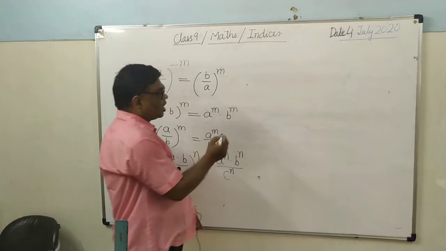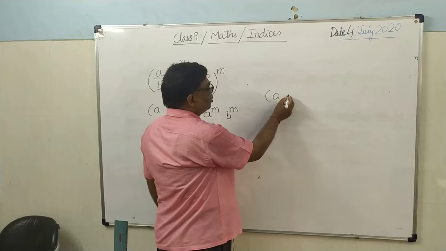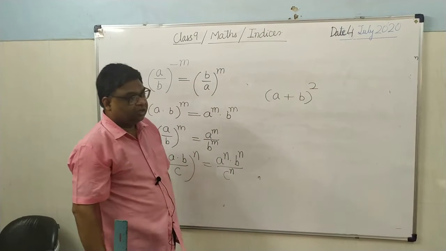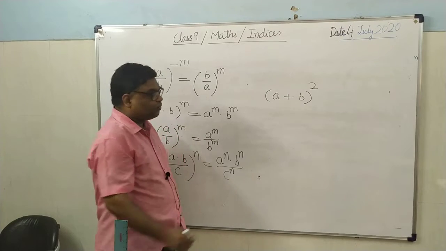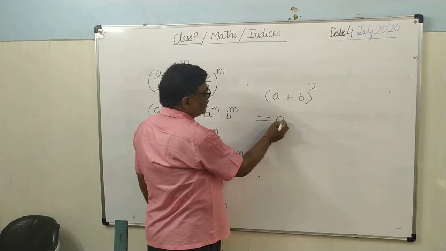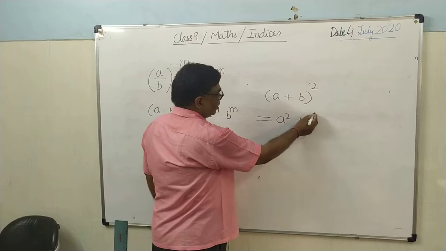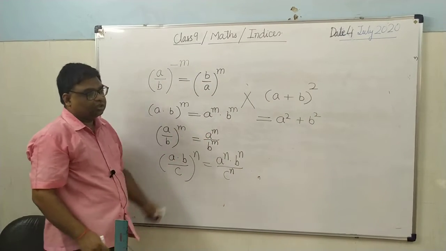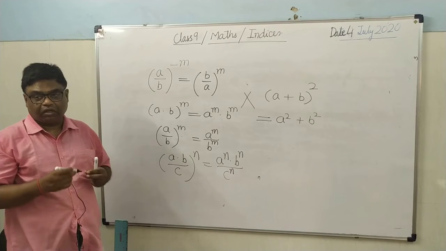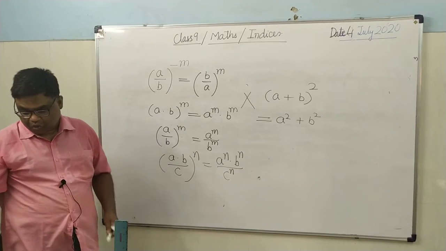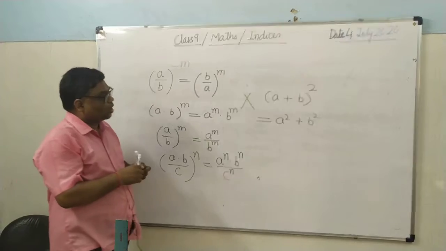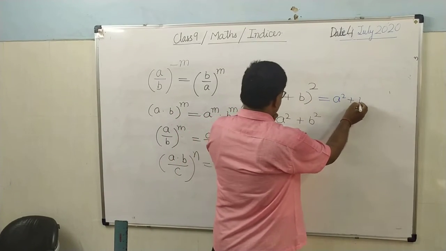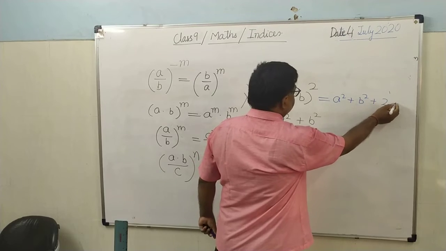Suppose the terms are not in multiplication, here both the terms are added and then you have the power 2. Is it clear? Then you cannot write it this way, a square plus b square. This is wrong. You already know that a plus b whole square is a square plus b square plus 2ab.